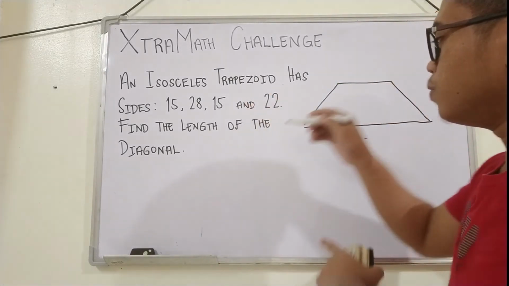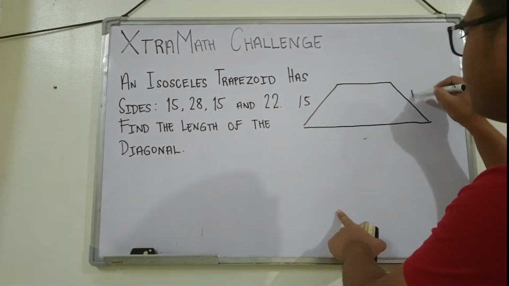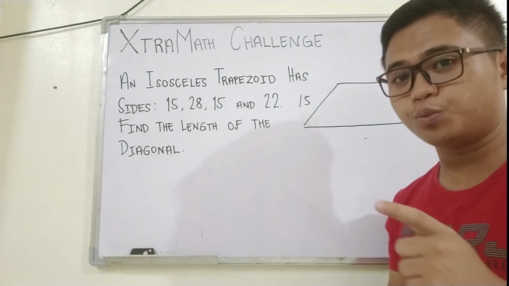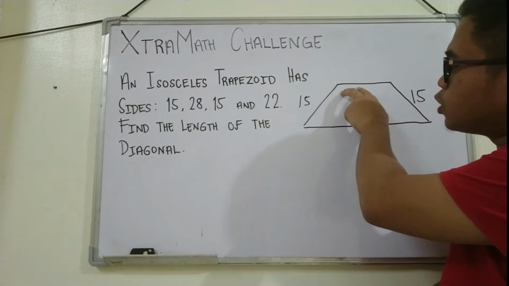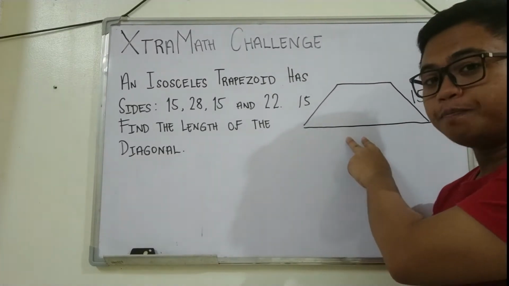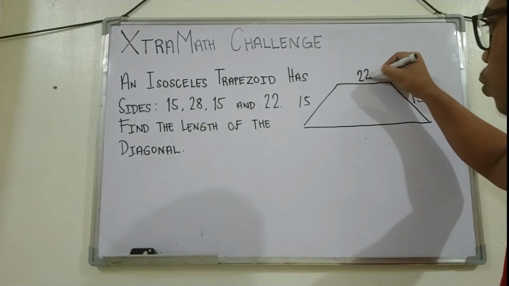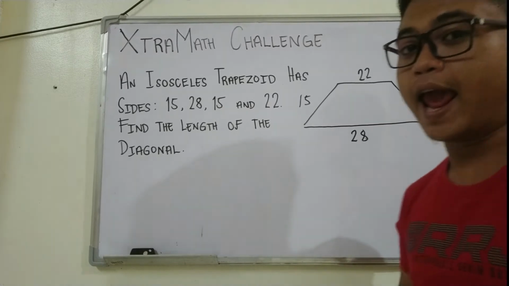Equal yung legs nila. So we have 15 here and 15 here. And since, as you can observe, this base is shorter than this one, therefore, this is equal to 22 and this is equal to 28.